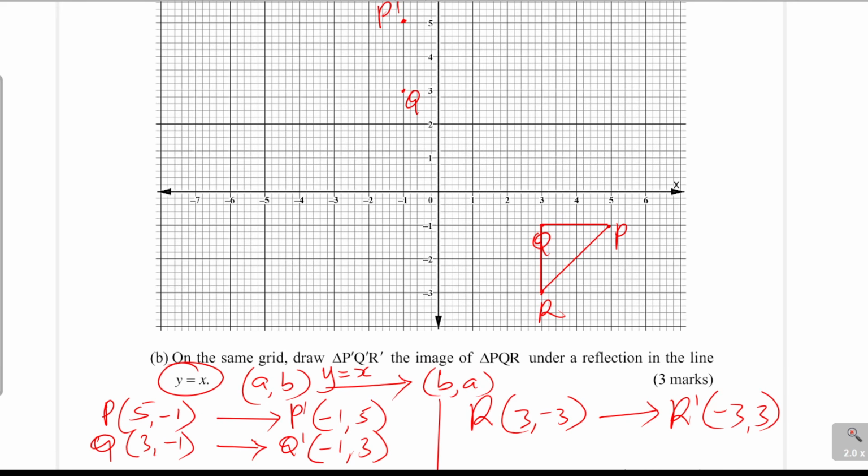And then we have R prime, (-3, 3). Then you can join these. So that is the triangle. You're done with that part. You can go to the next part.